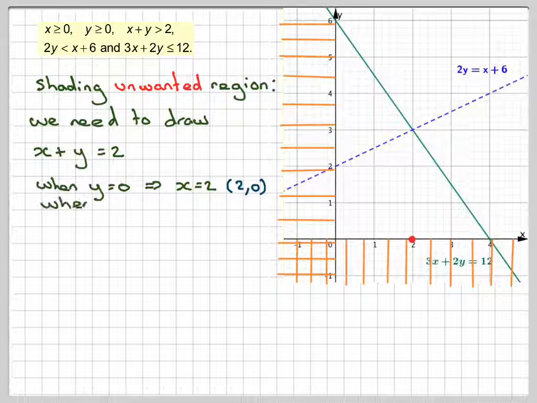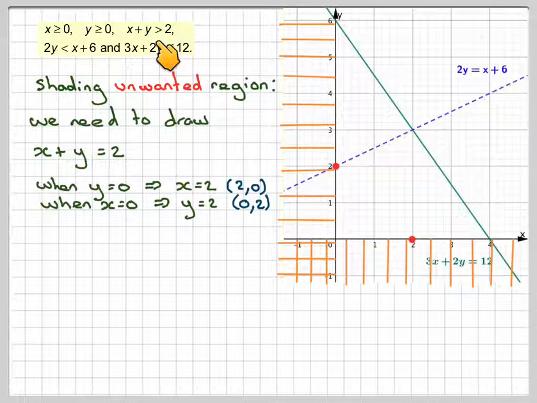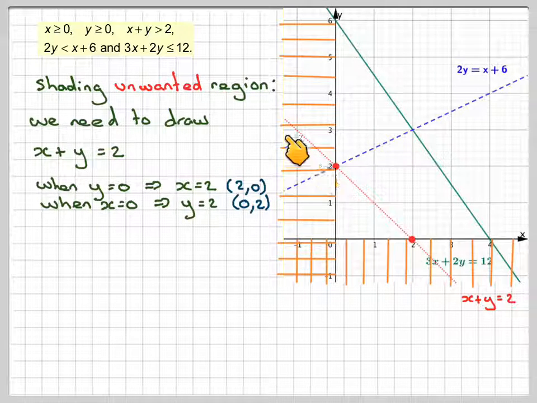Similarly, when x is equal to 0, then y is equal to 2, so we mark on the point 0, 2. Now, the inequality is not equal to, so we join that up with a dotted or dashed line, and we label it. We now need to shade.